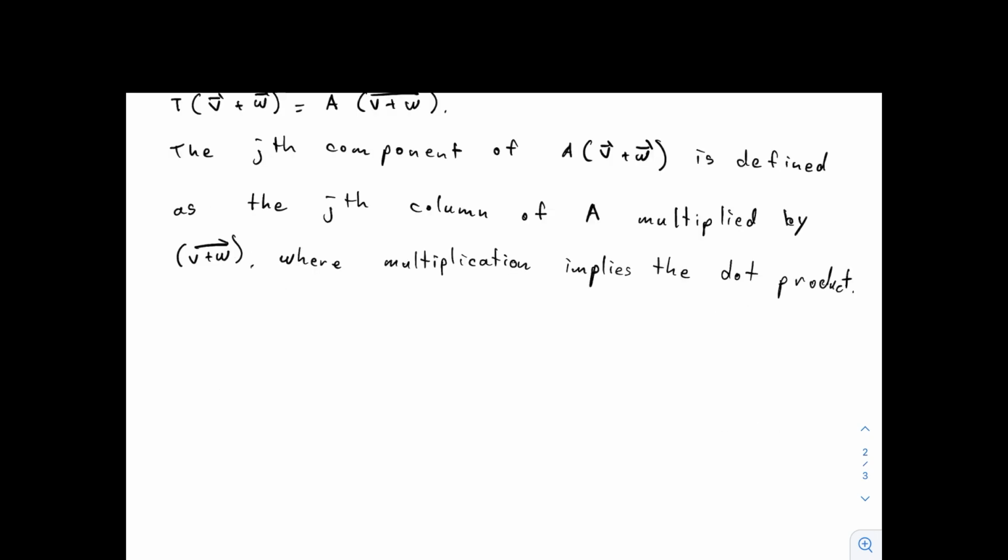From here, we can split this apart, right? Because we know the dot product of two vectors preserves multiplication, preserves addition.